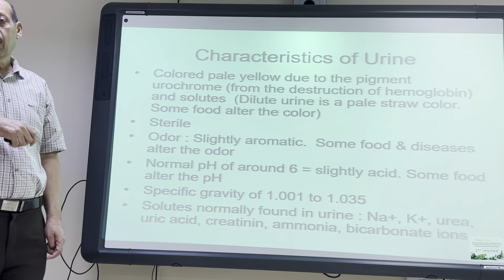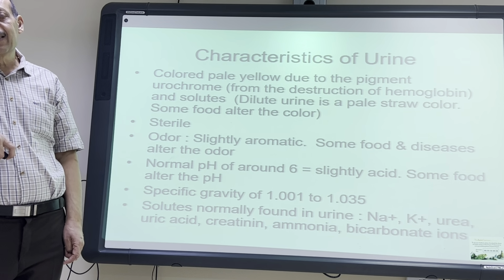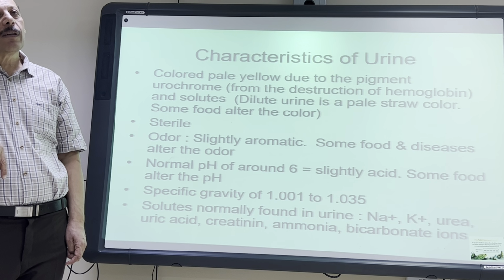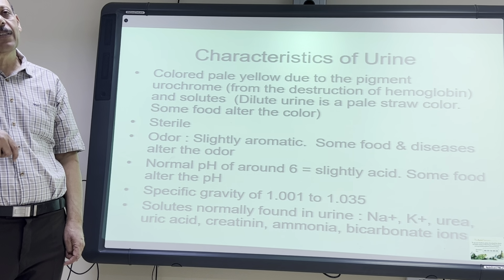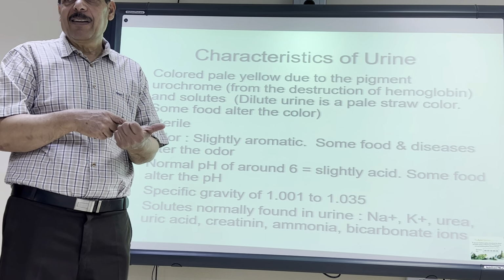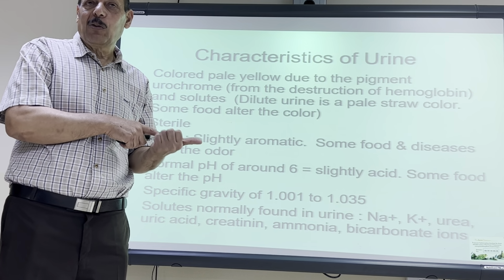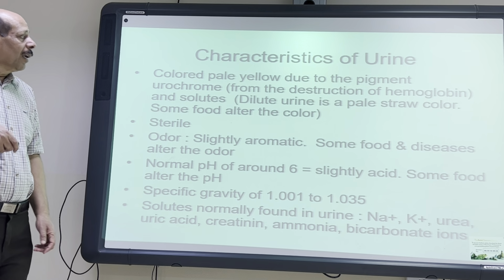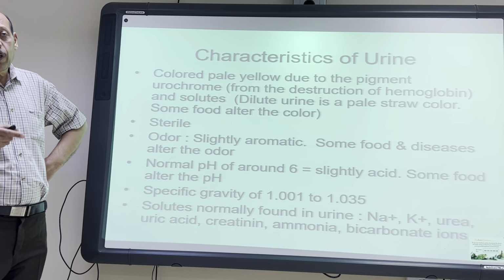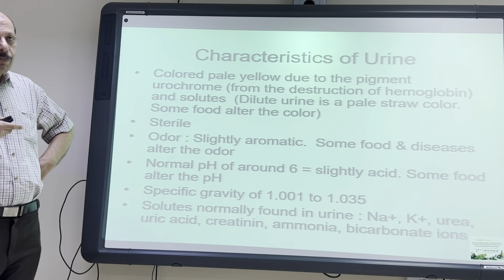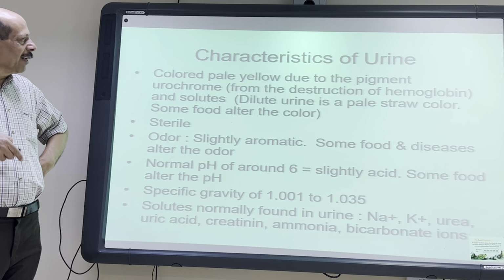You know that the red blood cells' lifespan is how many days? 120 days. So 120 days. After that, what will happen to it? It will be destroyed to heme and globulin, in order to use it for reforming of new cells, and some of the material will be excreted.